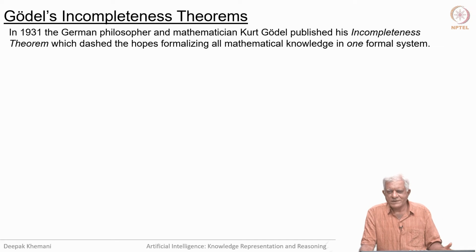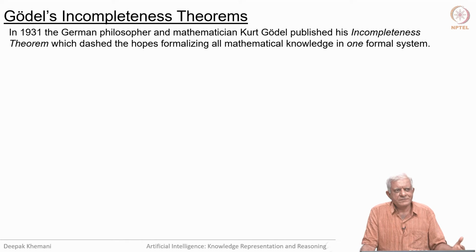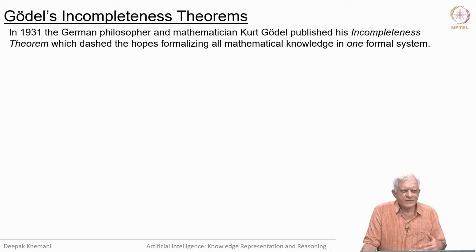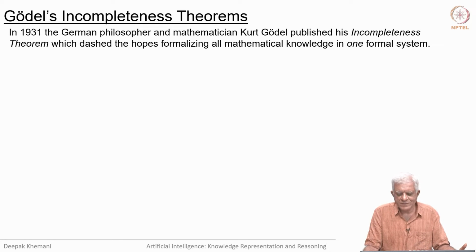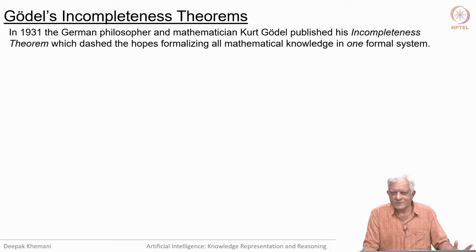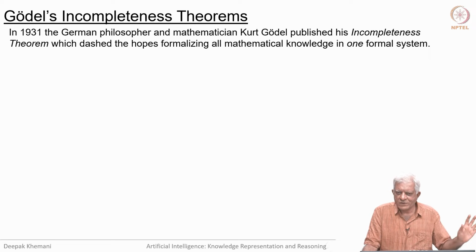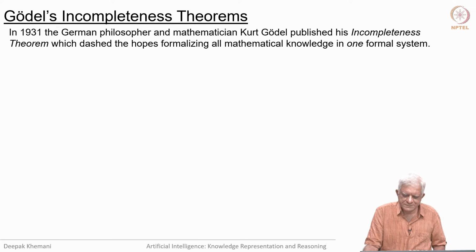Up to that point, people were asking how we can formalize all mathematics and put it into one large axiomatic system and so on. And Gödel came and inflicted a big blow on the community and said that this cannot be done. You cannot have one large formal system in which you can derive all true statements of mathematics.